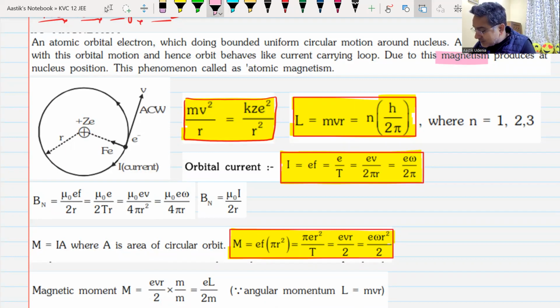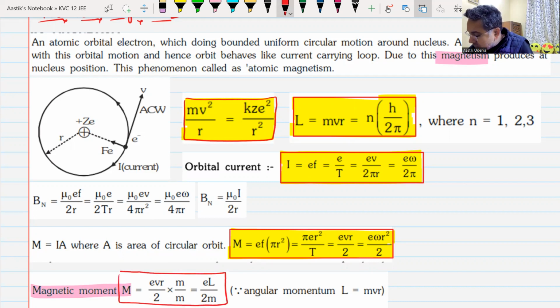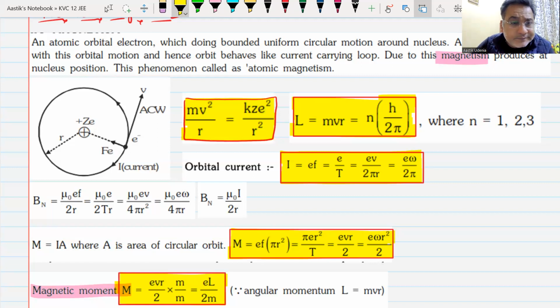As you can see, for the magnetic moment we have seen the formula MVR. If I want, I can write this magnetic moment M also as E into L by 2M, where L is the angular momentum of this moving electron.